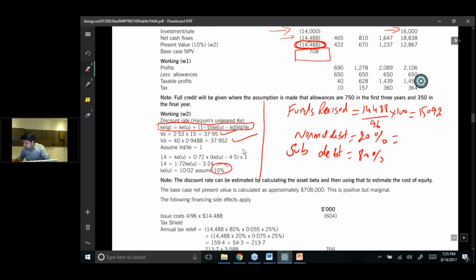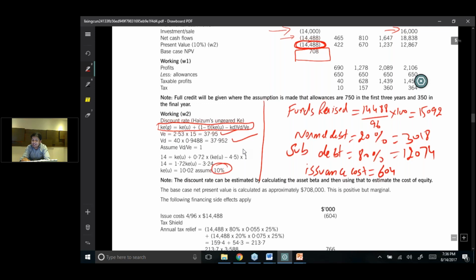So 20% is equal to 3018 and 80% is equal to 12074. And obviously the issuance cost is equal to 15,092 minus 14,488, which is 604.